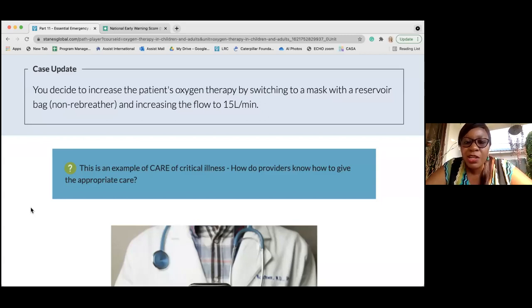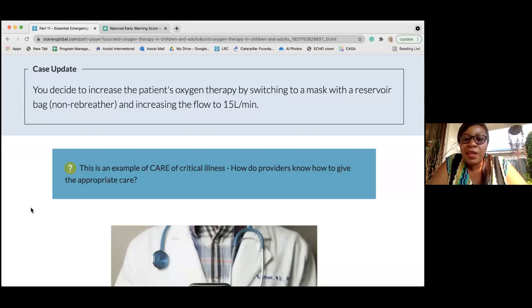So you've switched the patient and you're trying to optimize his oxygen therapy. By doing this, you are trying to achieve the goals of EECC. So we get back to our question for today. How do you, as a healthcare worker or healthcare provider, know how to give the appropriate care?